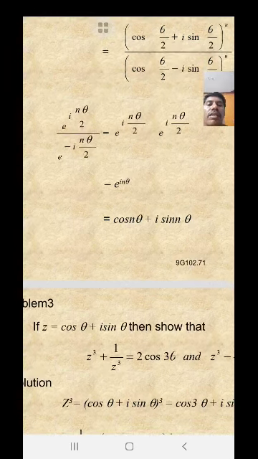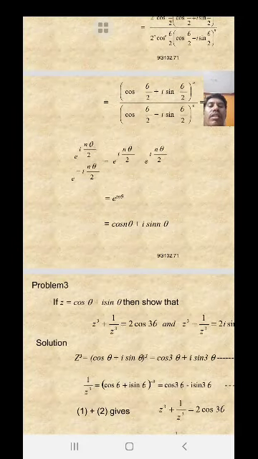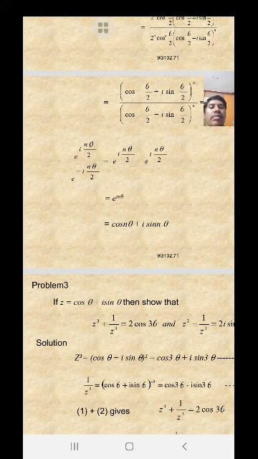So from exponential we again expanded. This is the RHS. Hence we proved.